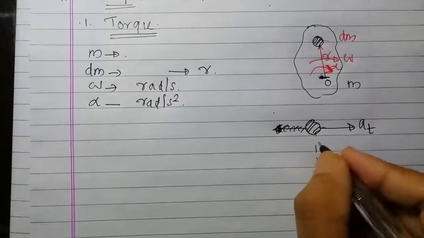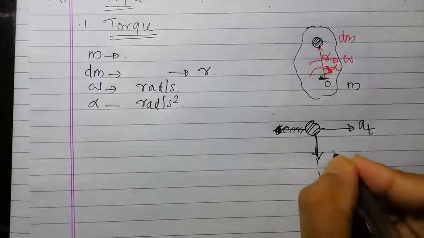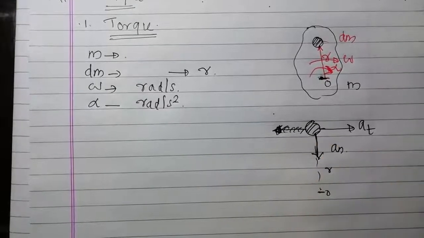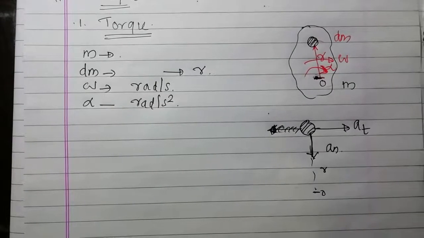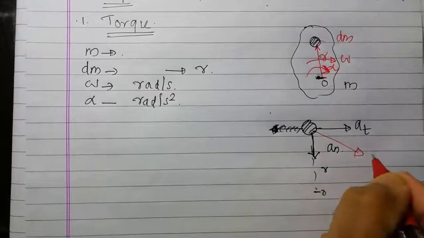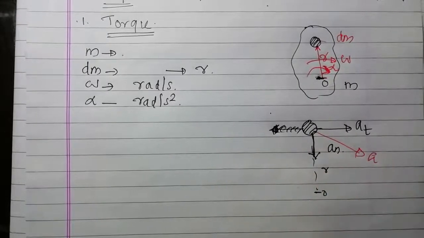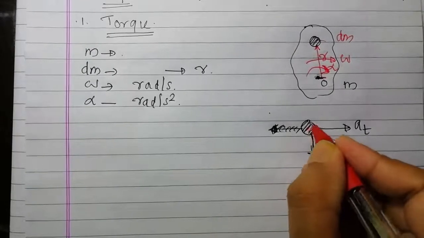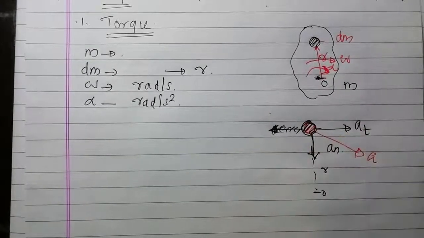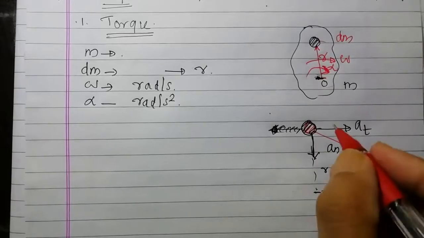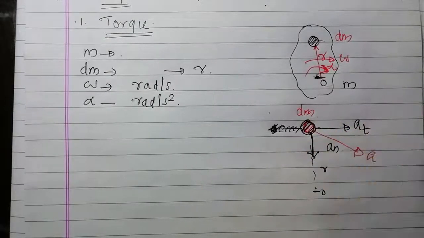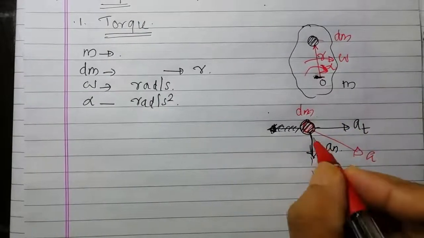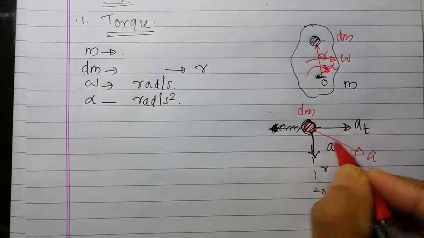Second one is a normal acceleration towards the center of rotation. Suppose A is the resultant of these two accelerations, the total acceleration acting on this element. So for a rotating body, an elemental mass dm will be subjected to two types of accelerations. First one, tangential acceleration, tangential to the curve.